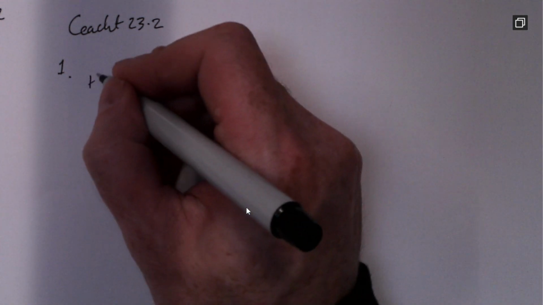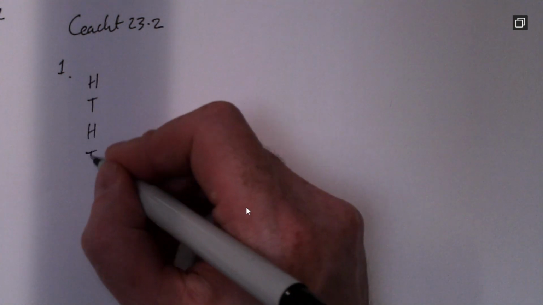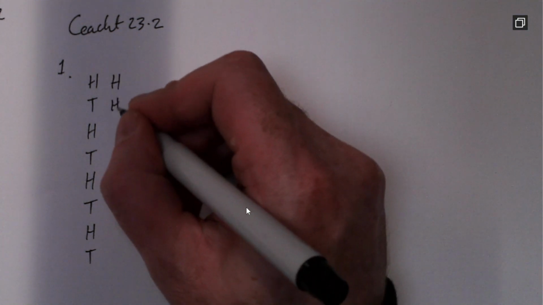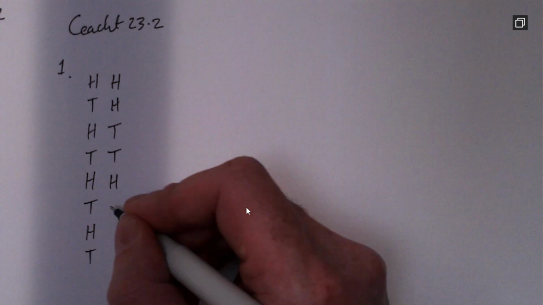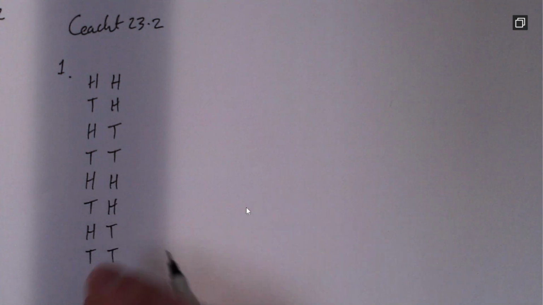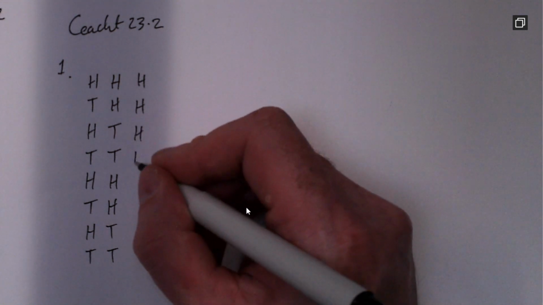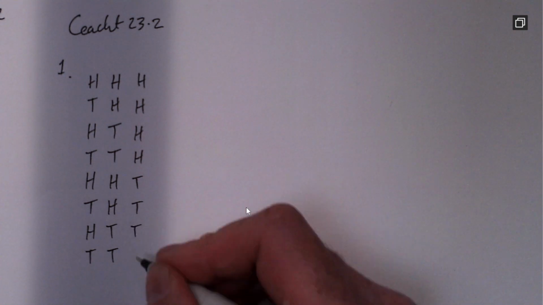So head, tail, head, tail, head, tail, head and tail. Then head, head, tail, tail, head, head, tail and tail. Then head, head, head, head, tail, tail, tail and tail. That's your sample space.